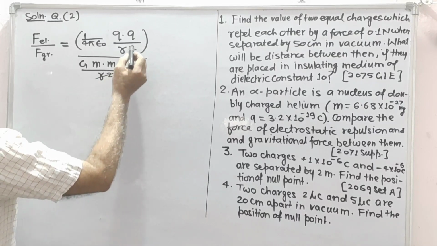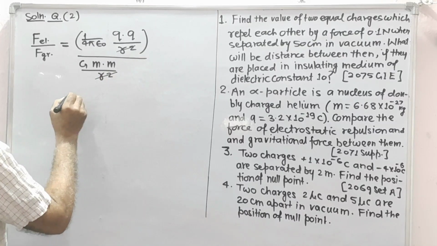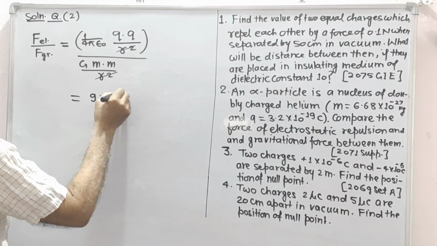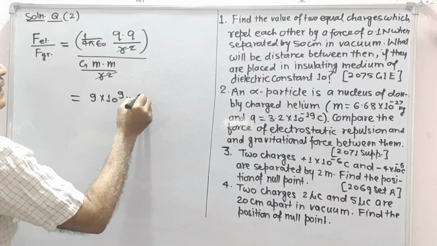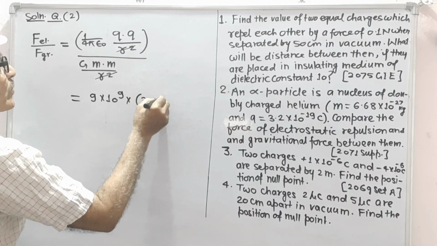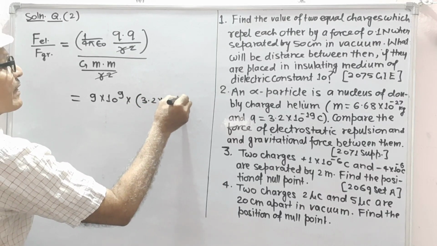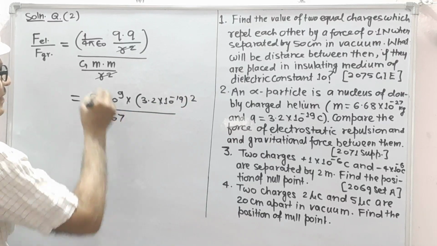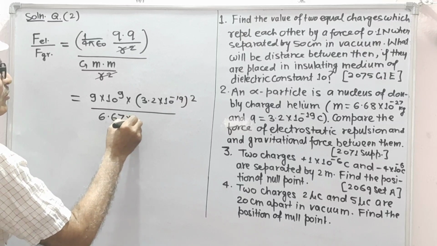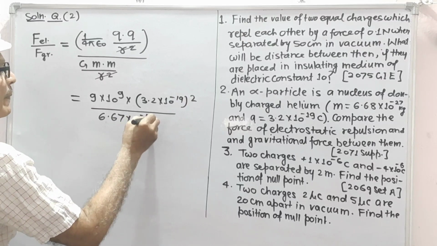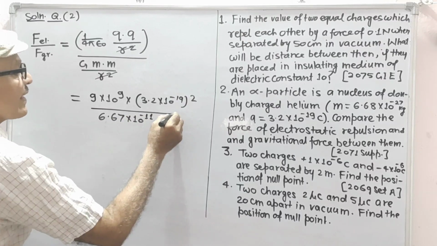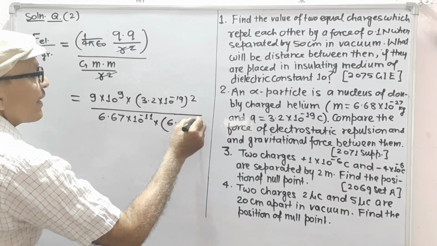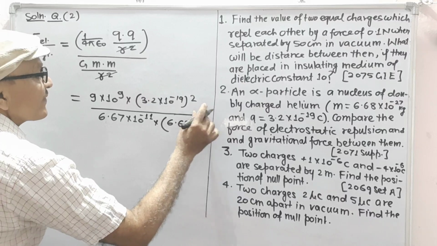So r square cancels r square and we get 9 into 10 to power 9 into 3.2 into 10 to minus 19 square upon 6.67, the value of capital G, into 10 to minus 11 into m, which is 6.68 into 10 to minus 27, its square.